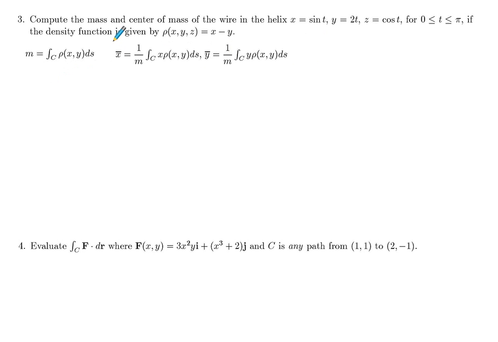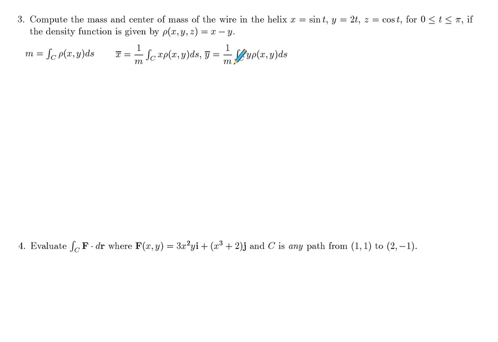Alright, so let's first compute our mass. So our rho here, they give us our x, y, and z. Okay, so they have already parameterized the curve for us, so that part's done, so that's nice. We do need to compute our ds here. Okay, so we're going to need dx dt, dy dt, and dz dt, and then we'll be able to perform this line integral here.